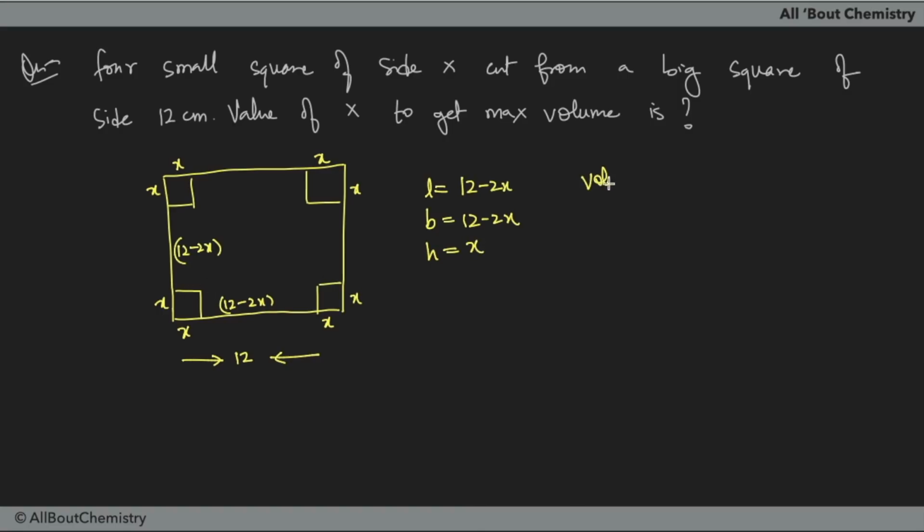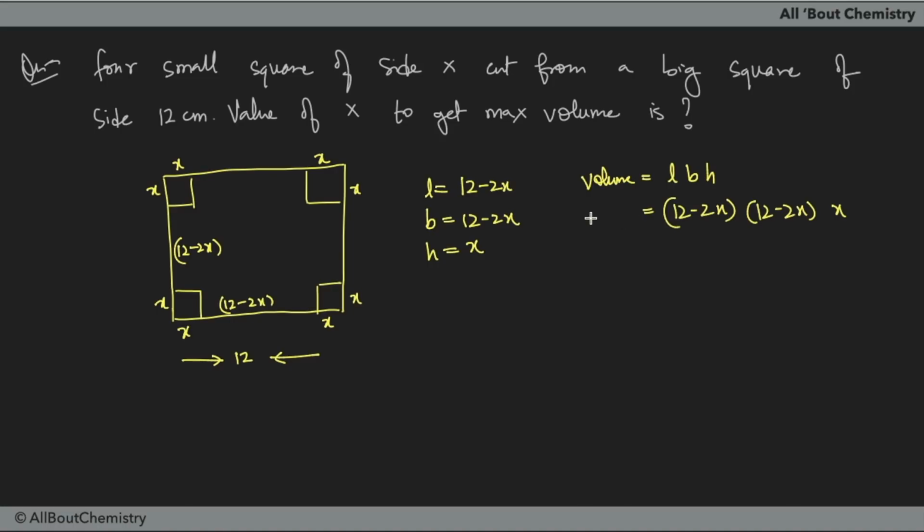And you know that volume of a cuboid is equal to length into width into height. So that is 12 minus 2x into 12 minus 2x into x. You have to substitute the different values of x which were given to you in the question and see in which case you get the highest value of volume. That should be your answer. That's one of the ways.